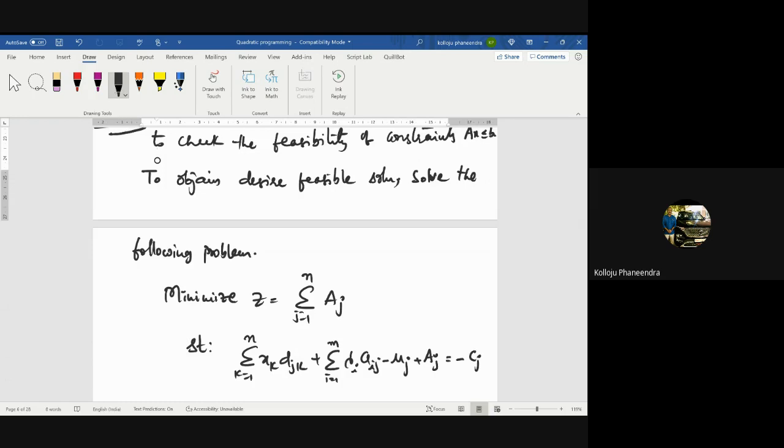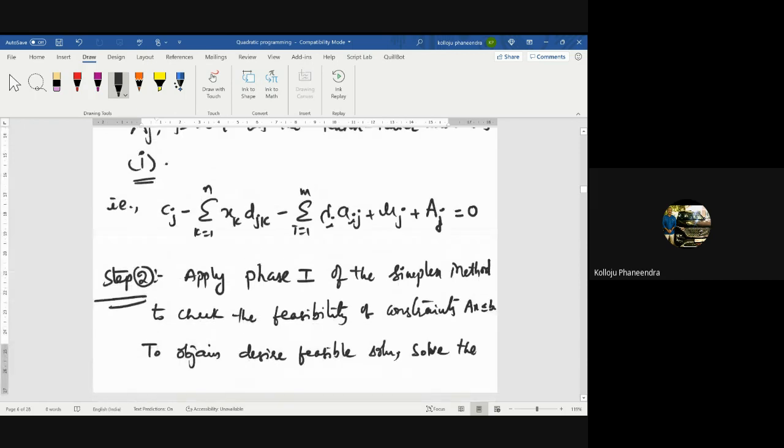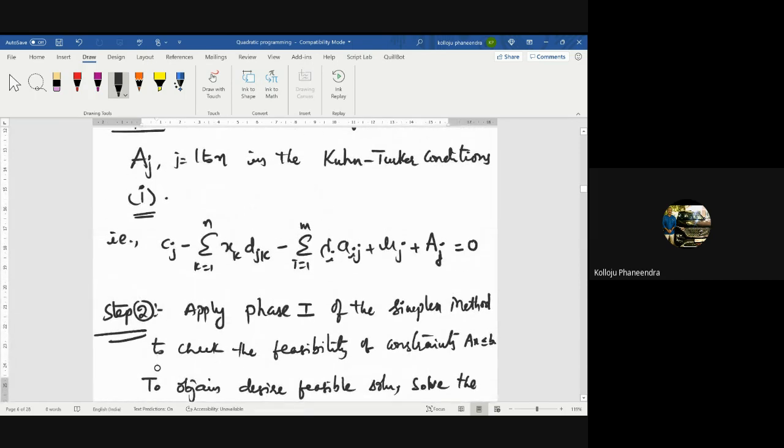This is the first Kuhn-Tucker condition. That is the first constraint in this linear programming problem. And one more point here, I'm taking multiplication by minus, taking this cj that side.